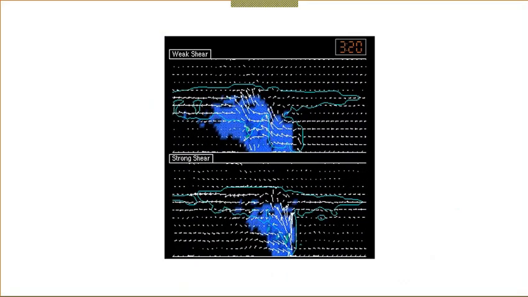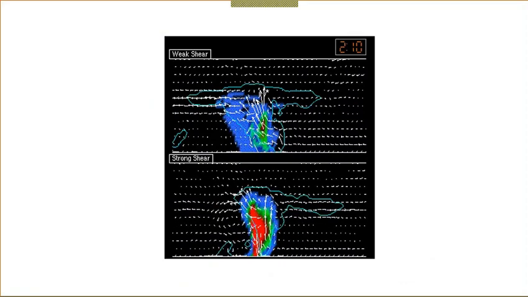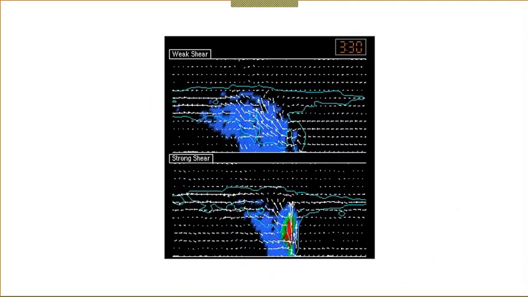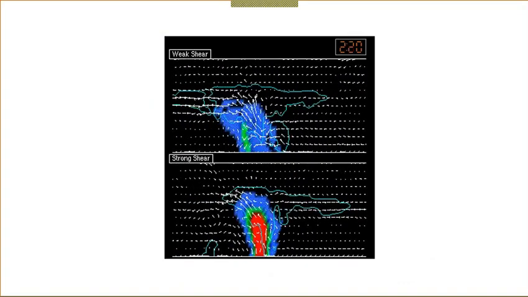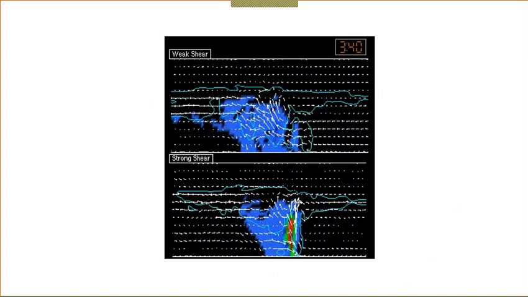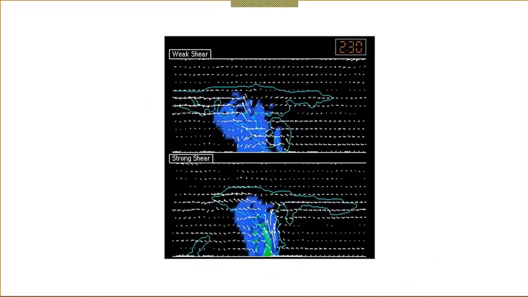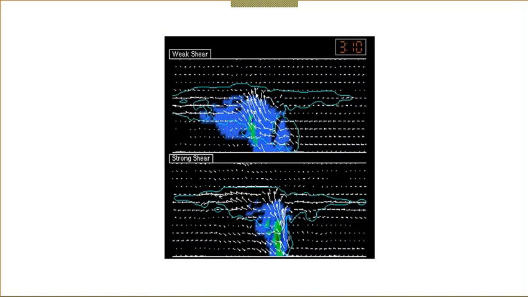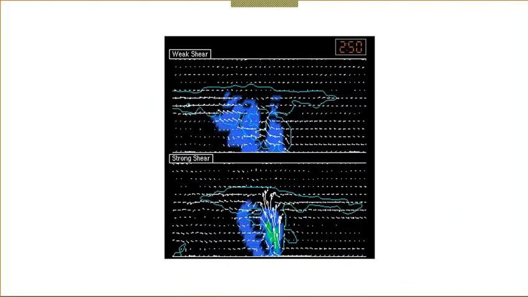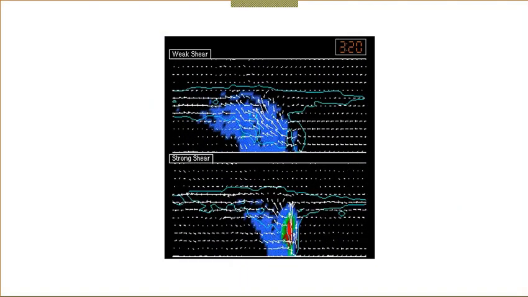So that means that on the downstream side, together with the movement of your frontal system, of your squall line, the net effect is that there is a squall line with literally a line of convection that moves from one direction into the other direction, from one point to the other point.